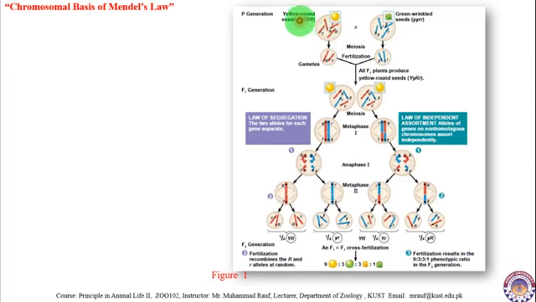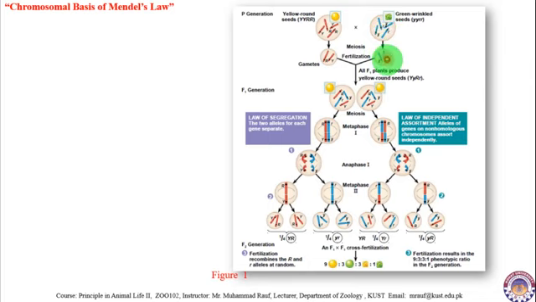Now, because those parents are diploid, their chromosome number is 2n. Now gametogenesis takes place. They produce gametes. Because it is a true breeding variety, all the gametes produced will be of the same type.